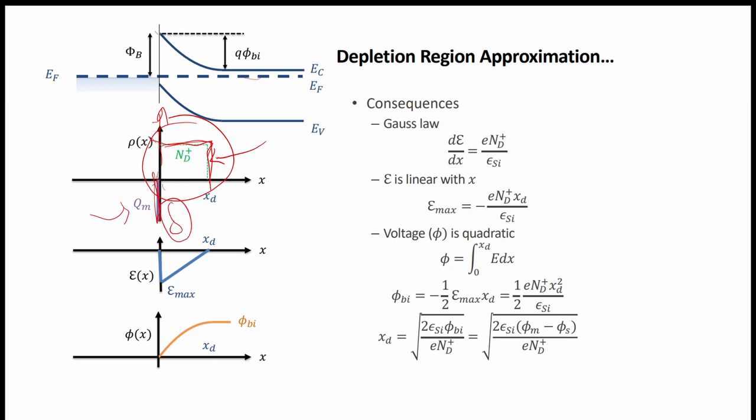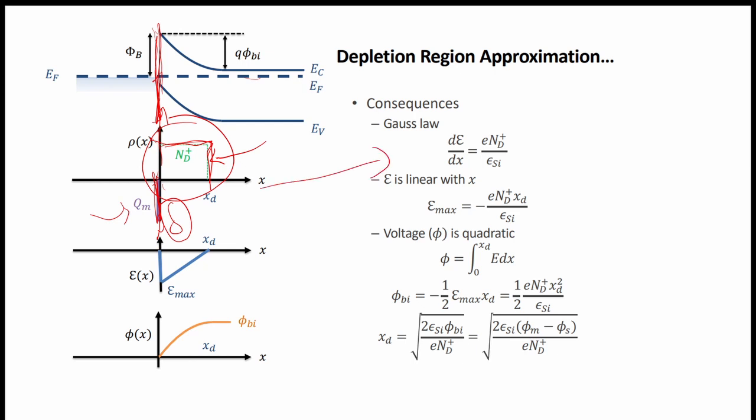At the junction, on the side of the metal, there will be a very thin sheet of charges. The charges will be at the interface only.